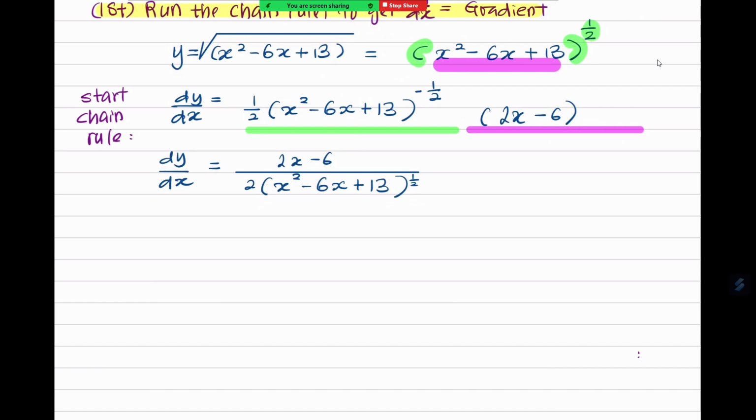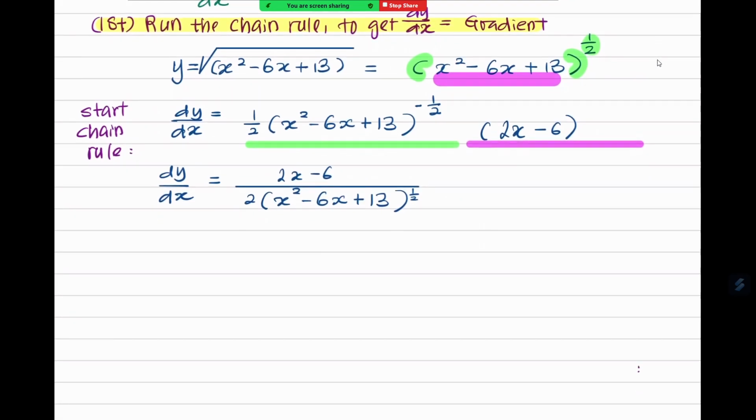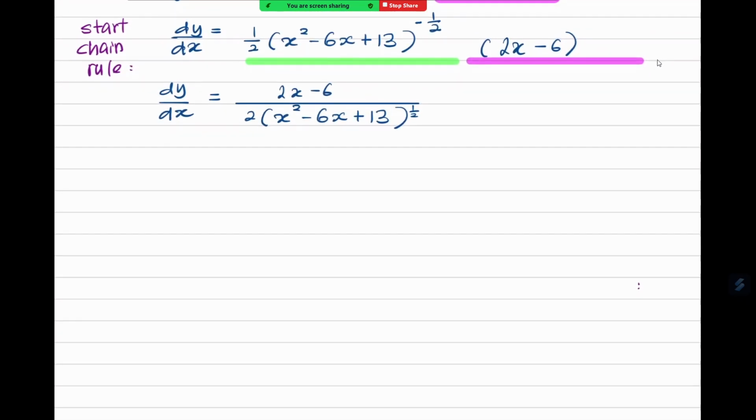Now we will proceed to the second step, where we're going to use the information given to us. I'm going to write it down as your guide. Second step, using the gradient, which is 0. Let's put that into our mathematical expression.